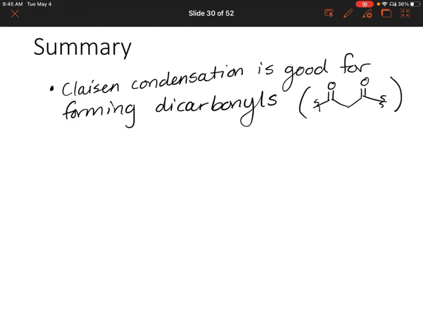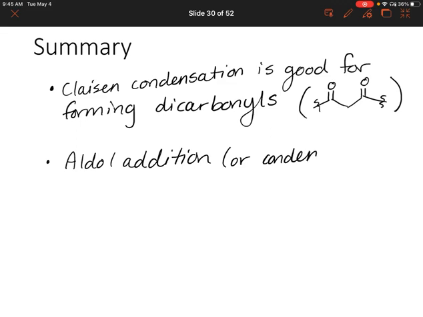Now, let's compare this to aldol addition or condensation. Oh my gosh, I'm writing like diagonally up the page. It's hard to draw or write in straight lines on an iPad. So if we performed aldol addition or aldol condensation, we would end up forming a carbonyl group and an alcohol, or a carbonyl group and an alkene.